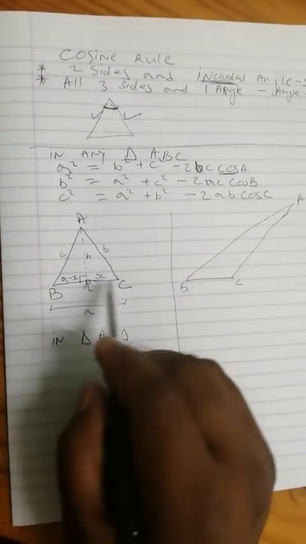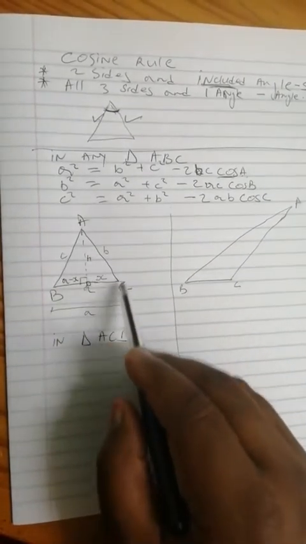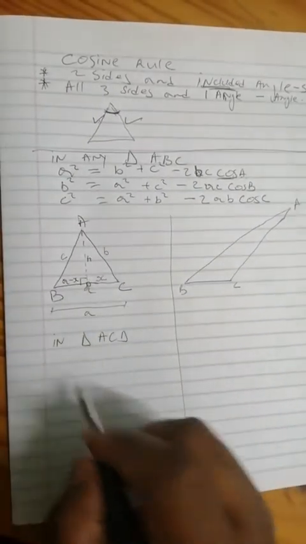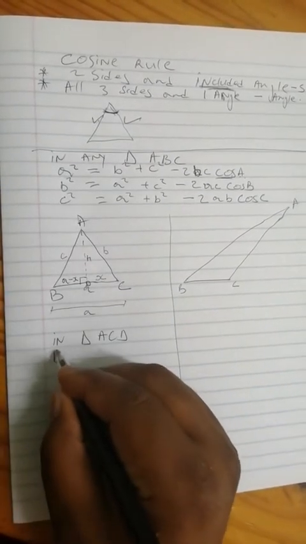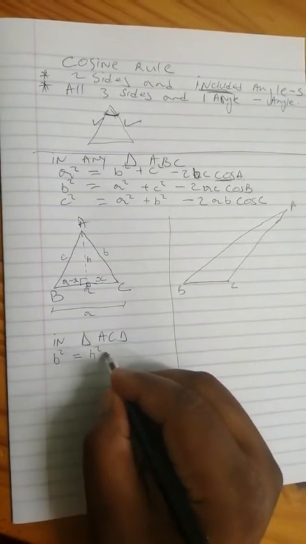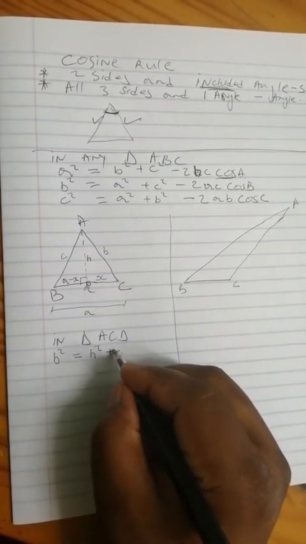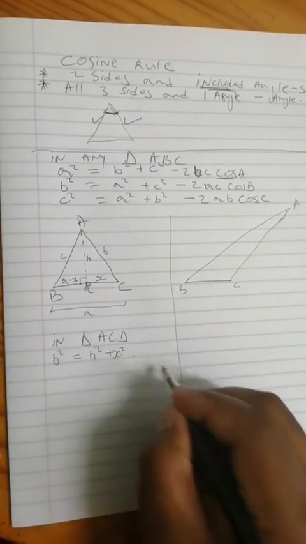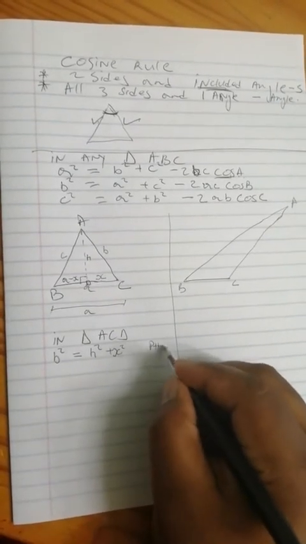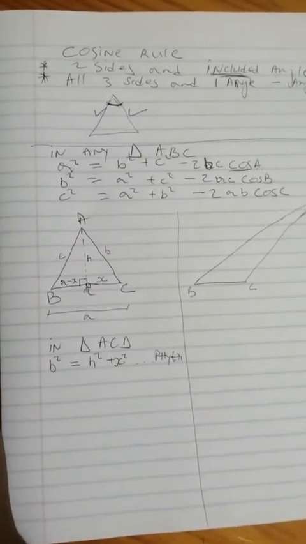In this triangle ADC, Pythagoras theorem says that b squared is equal to h squared plus x squared. We get that from Pythagoras theorem.